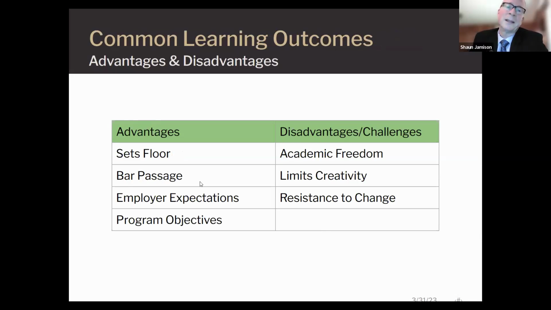So this is what actually kicked off my desire to have this session, the idea of common learning objectives or outcomes. And the idea is to have those at least for the bar courses across the board. To have a situation where you've looked at your program level objectives. So that's on your website.